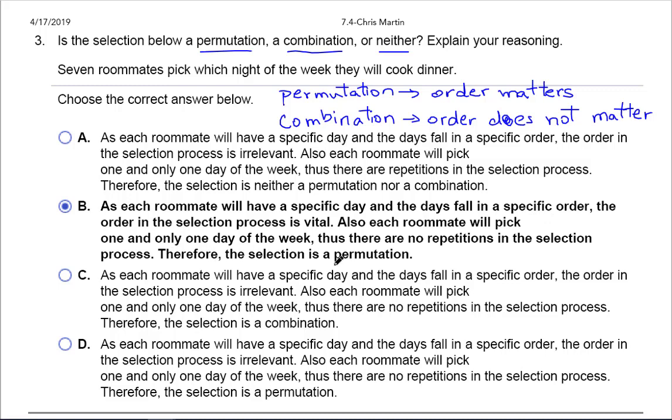And so this is a permutation, right? Because who cooks on Monday is different than who cooks on Wednesday. So if I just say, oh, I don't care, I need 3 days, well, then I just need 3 people to do those days if I don't care about which day is which.